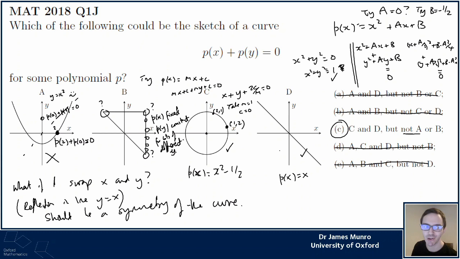That's not something that polynomials do, unless it's the 0 polynomial. Polynomials have roots. They don't have a section where they're constantly 0 for a bit. That's just not how polynomials work.